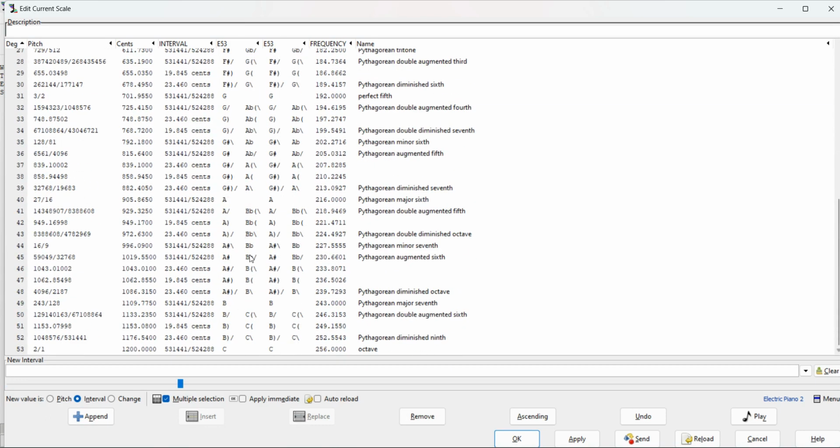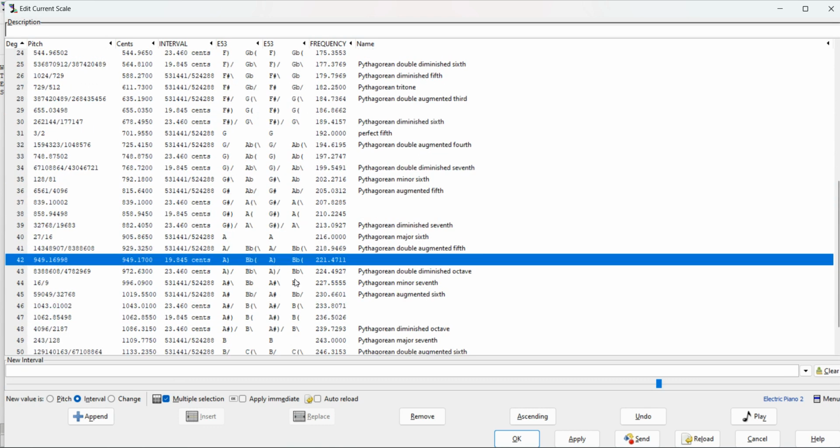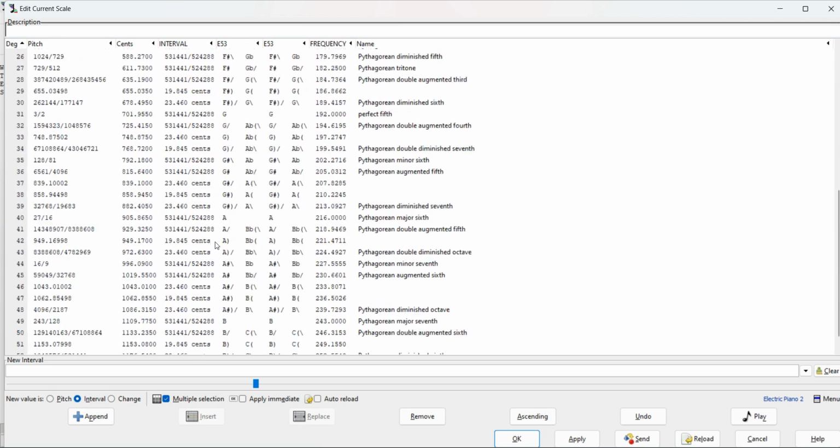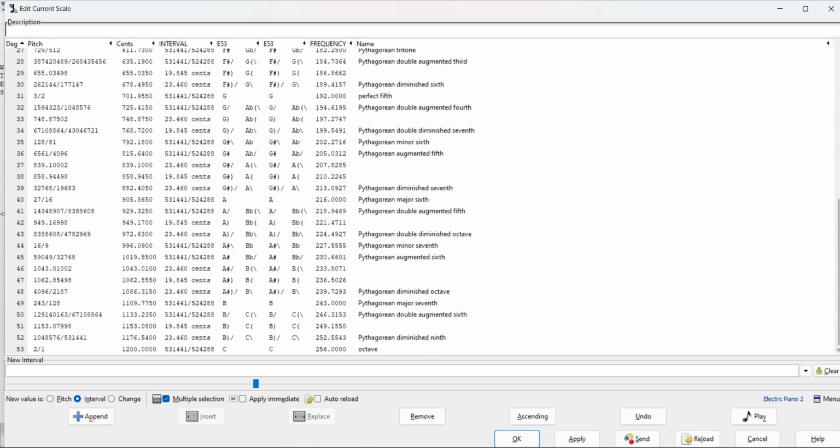I think it will be this one and this one. This will be the 42nd comma and the 16th comma, if I remember well. Two of these ones will be dissonant, but otherwise all of these ones are consonant fifths.